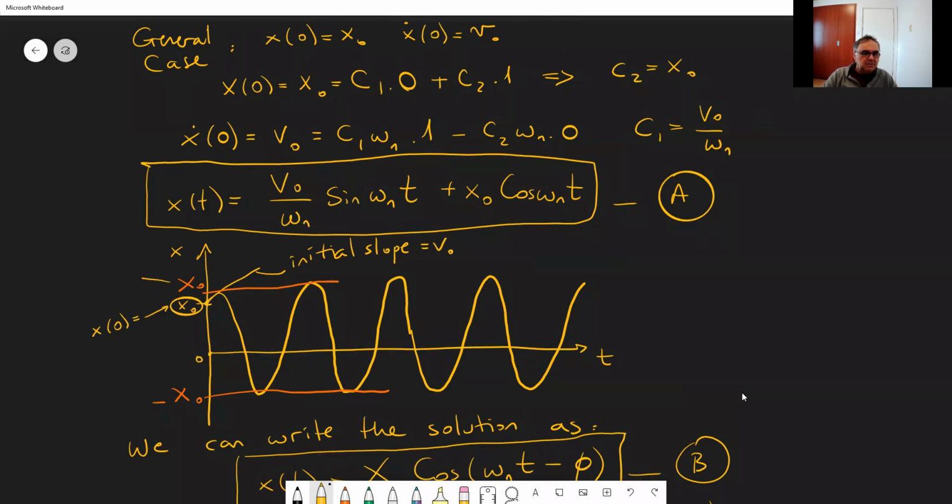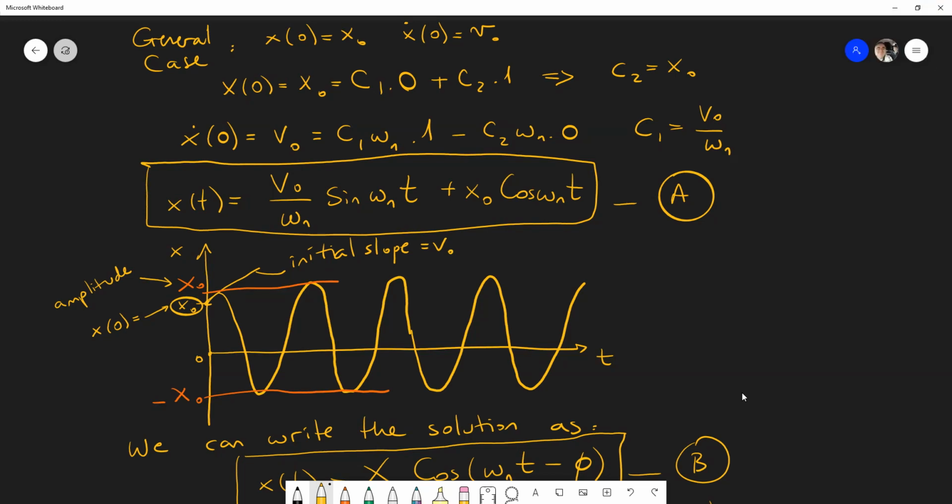This is the amplitude. One is small case, the other is capital case. You see, capital case x0 is larger than small case x0, or it might at most be equal. Thank you.